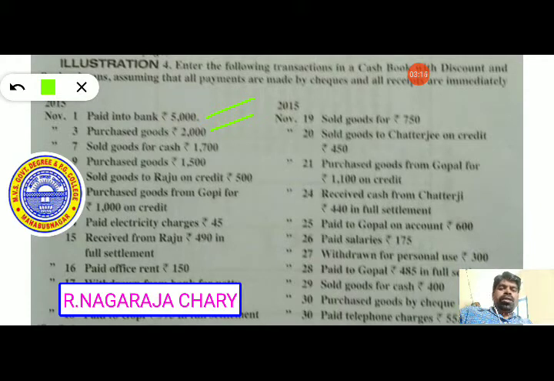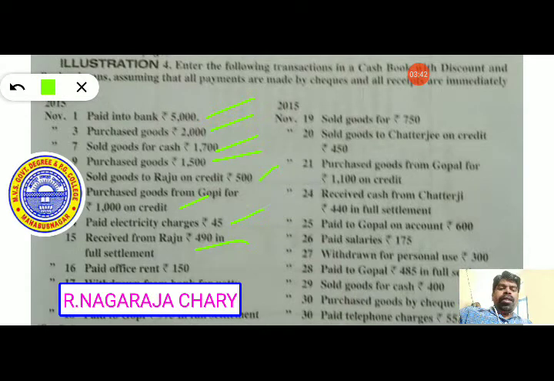Next day on the 3rd, purchased goods 2,000, sold goods for cash 17,000, purchased goods 1,500, sold goods to Raju on credit basis 500 rupees, purchased goods from Gopi for 1,000 on credit basis, paid electricity charges 45 rupees, received from Raju 490 in full settlement.